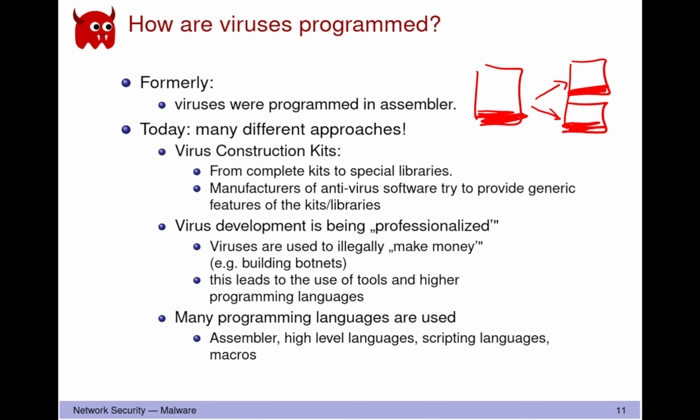Nowadays there are some construction kits, there's also some industry supporting it. You can buy viruses, you can build them for your own purposes. There's some kind of professionalization ongoing. But the question is who is really affected, who is really worth attacking, what is the business model behind this.